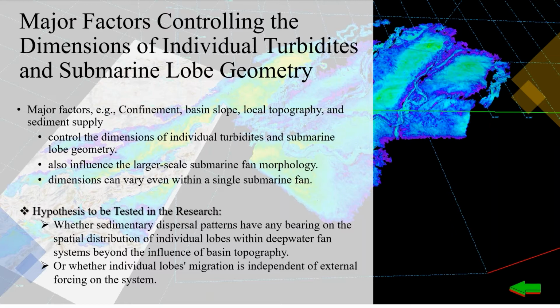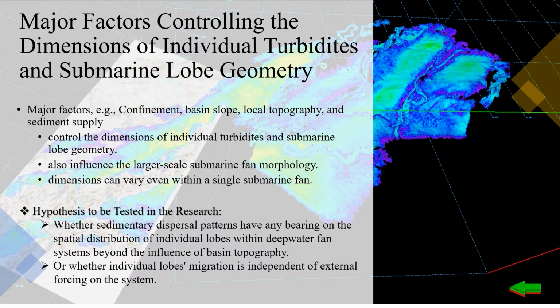Out of that, I'm just highlighting the major factors: confinement, basin slope, local topography, and sediment supply. Those are the major factors. They control the dimensions of individual turbidites and submarine lobe geometry. They also influence the larger scale submarine fan morphology. Dimensions can vary even within a single submarine fan.